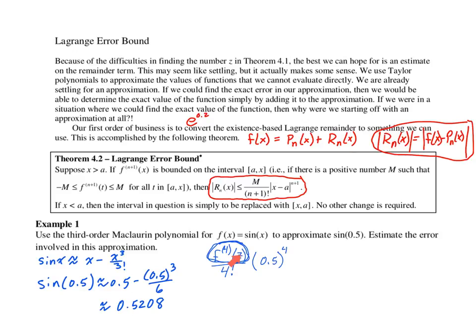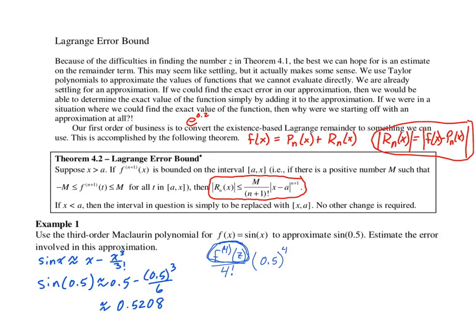So what we're going to do then is evaluate the fourth derivative at this point. One of the things to remember is that we are dealing with the sine function. The first derivative of sine is cosine, then the second derivative is negative sine, and then the fourth derivative is going to be, let's see, cosine, negative sine, negative cosine.